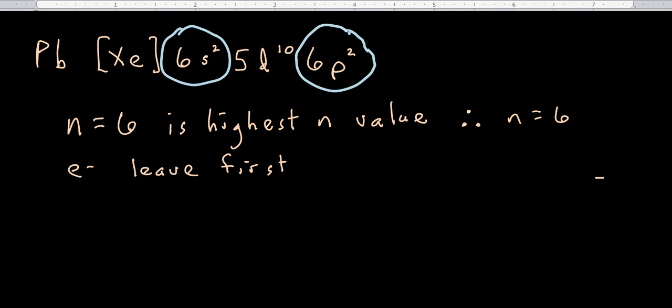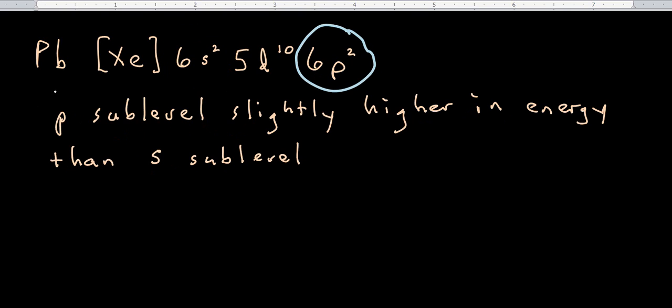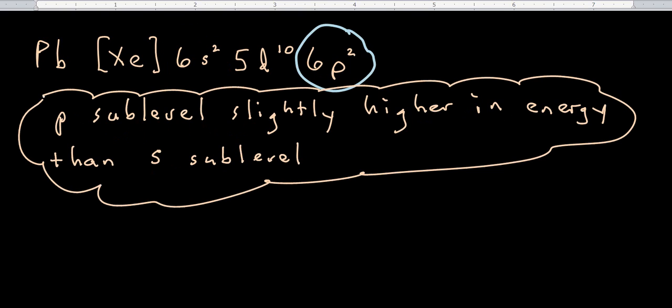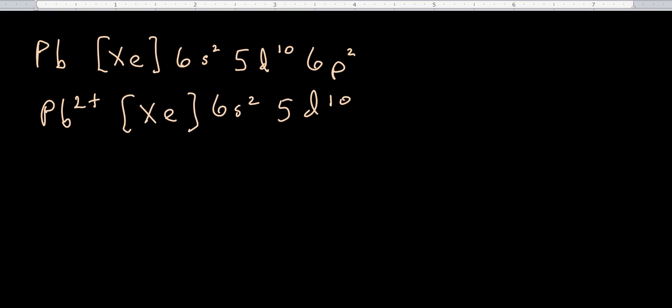So these are going to be the electrons that leave first. Now the p sublevel is ever so slightly higher in energy than the s sublevel. So when removing these n equals 6 electrons, the 2 6p electrons are going to go first out of the 4 level 6 electrons.